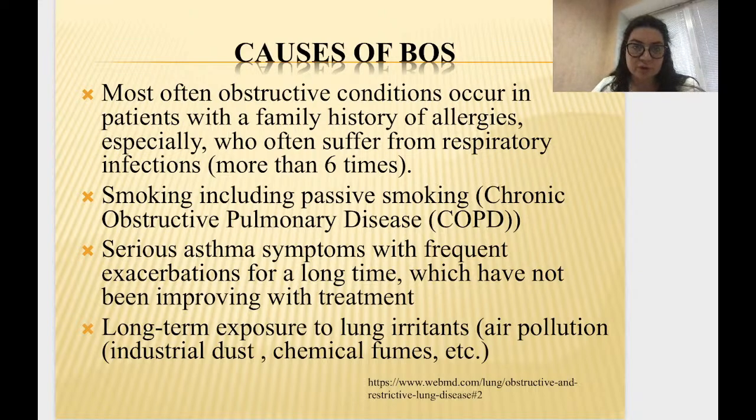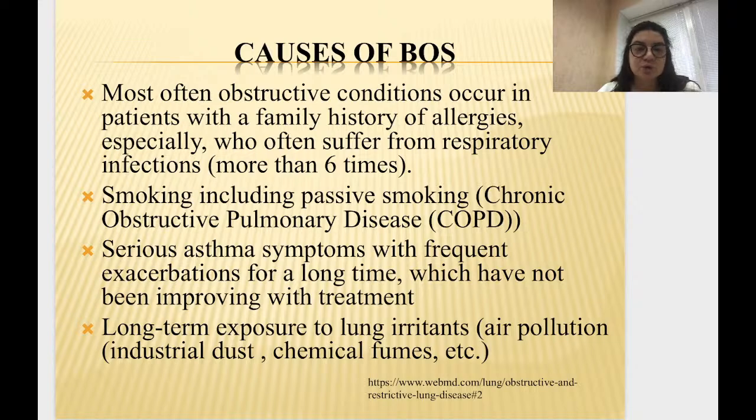Causes of bronchoobstructive syndrome. Most often obstructive conditions occur in patients with a family history of allergies, especially those who often suffer from respiratory infection, more than 6 times per year. Smoking includes passive smoking, chronic obstructive pulmonary disease, serious asthma symptoms with frequent exacerbations for a long time which have not been improving with treatment.